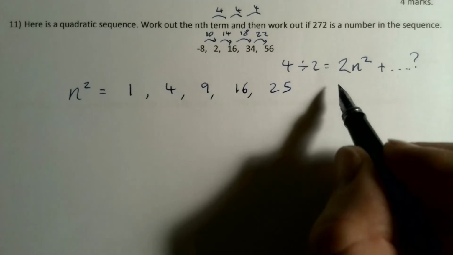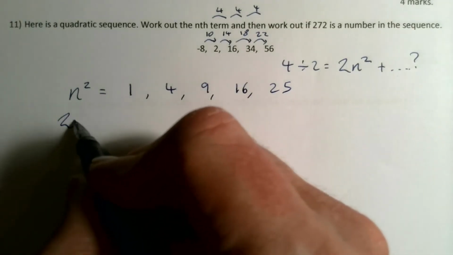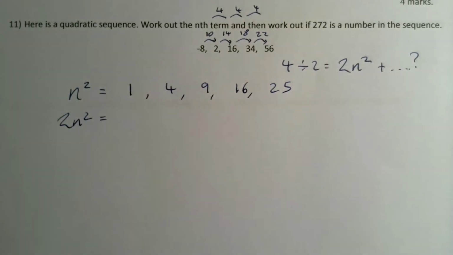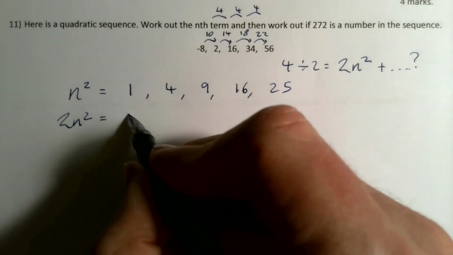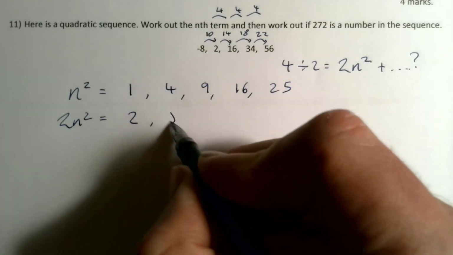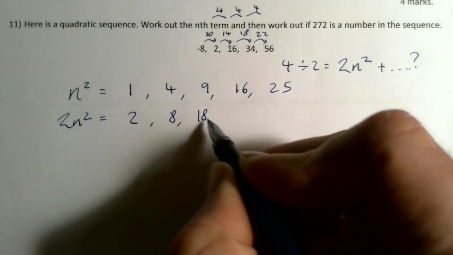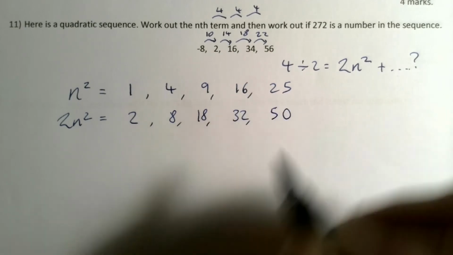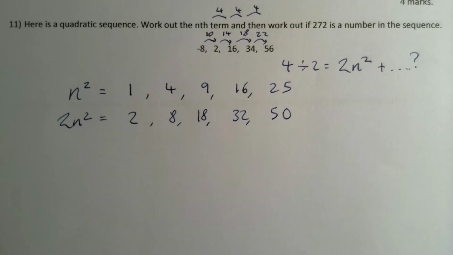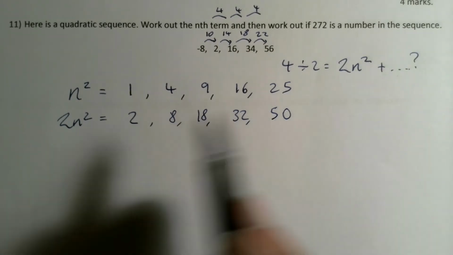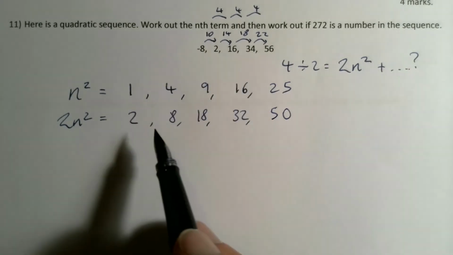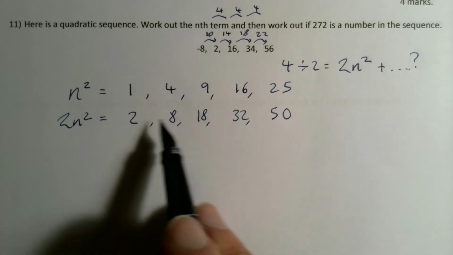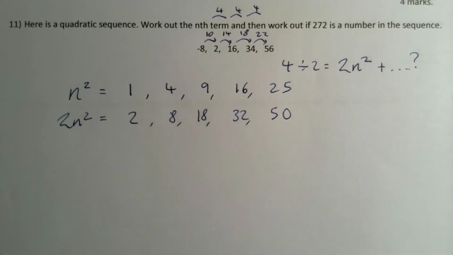But I don't want n squared, I want 2n squared. So 2n squared is what you get when you double n squared. Double 1 is 2, double 4 is 8, double 9 is 18, double 16 is 32, double 25 is 50. Then we've got to say what's going to link 2n squared, because now we've got a sequence that is actually getting bigger by 4 each time.